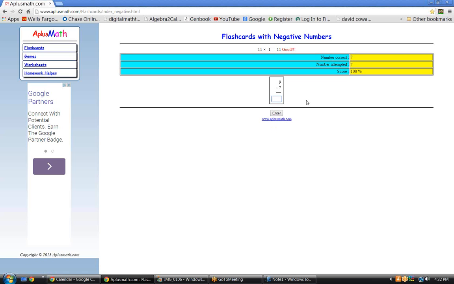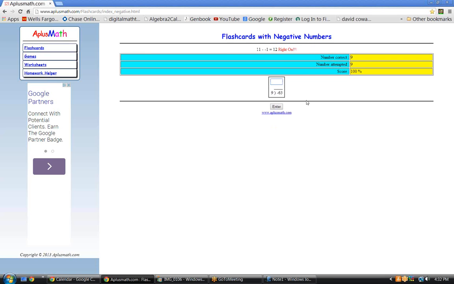Yeah, that's correct. 2? 12. 8. Negative 7. Notice that it has to be negative. Yeah, there's one negative and there's one positive, and then it's going to be a negative.